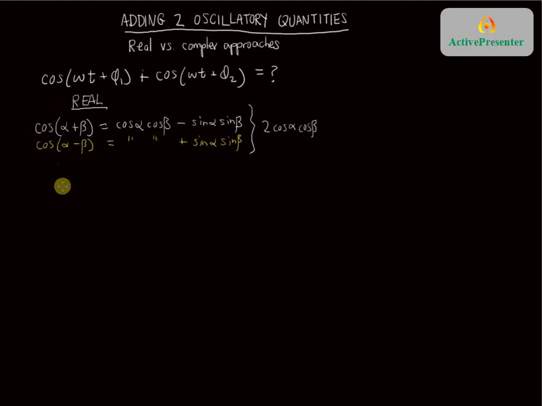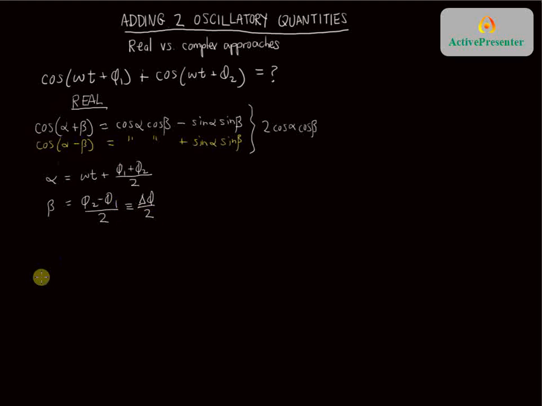And then you have to make a clever observation: say that alpha equals omega t plus the average value of those two phase shifts, and beta equals the difference in the phase shifts, phi 2 minus phi 1 over 2, which we'll define to be delta phi over 2.